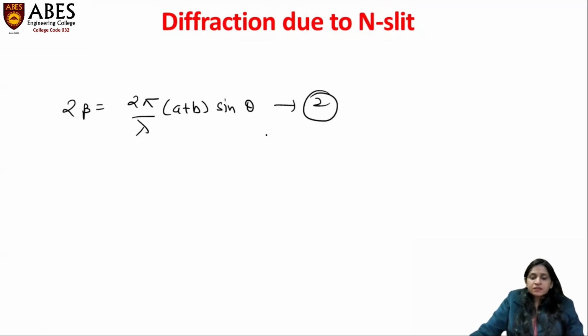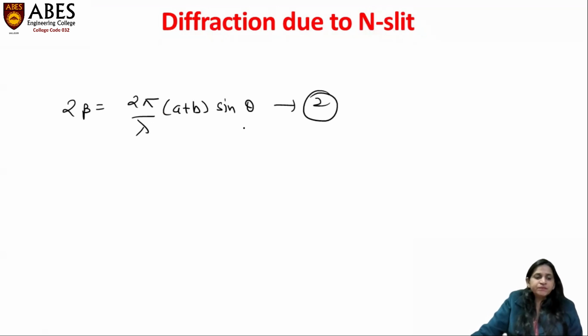The phase, as usual, increases arithmetically. So with the help of N simple harmonic motions, we can calculate the resultant amplitude, and similarly we can calculate the intensity equation also.